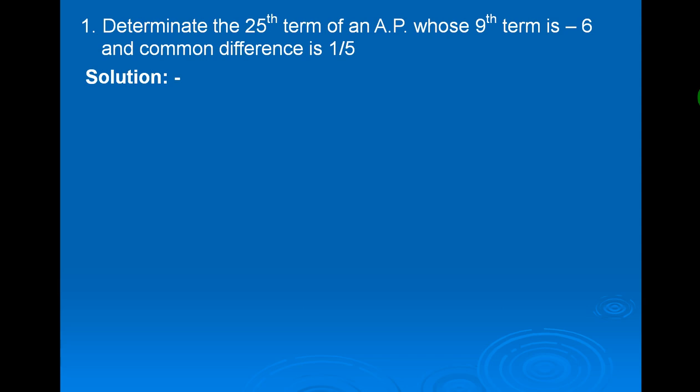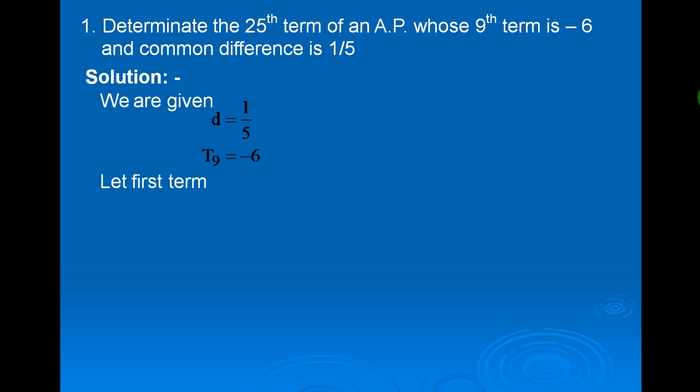Solution: we are given D is equal to 1 upon 5, that is, common difference is equal to 1 upon 5. T9 is equal to -6, that is, ninth term is equal to -6.